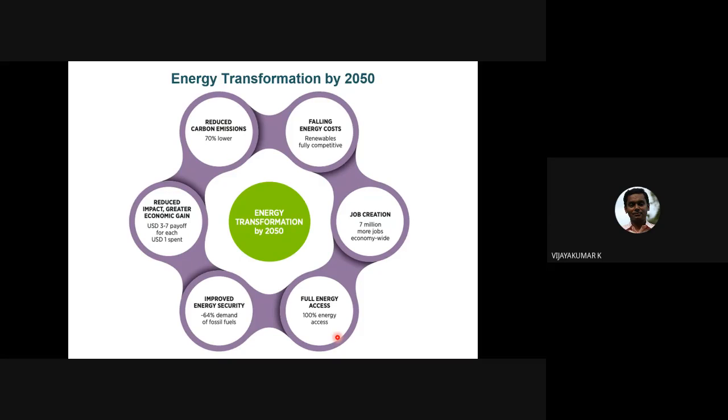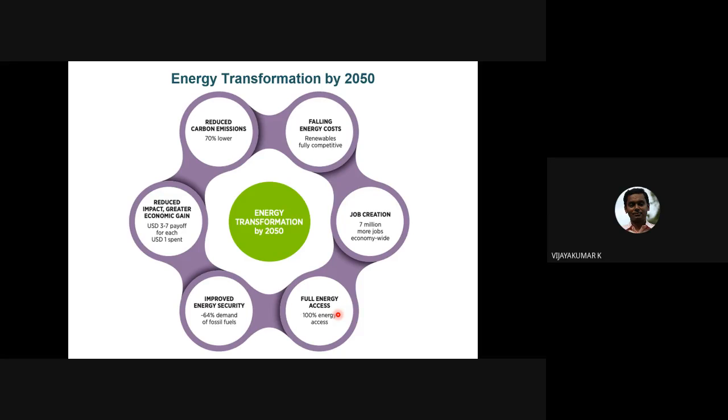For example, there are no job opportunities, no industrialization, and we cannot use any of the technology-developed products. So in that case, by having these renewable energy sources, we can supply those locations. That means we can create standalone systems and supply them.